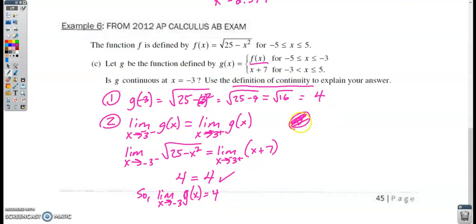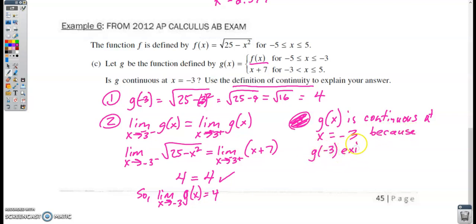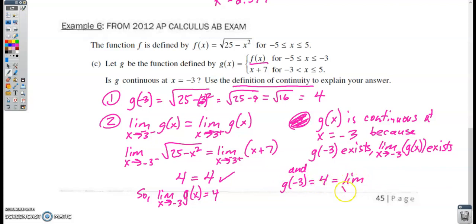So, let me just write a concluding statement here. g of x is continuous at x equals negative 3 because g of negative 3 exists, the limit as x approaches negative 3 of g of x exists, and g of negative 3 equals 4 equals the limit as x approaches negative 3 of f of x.